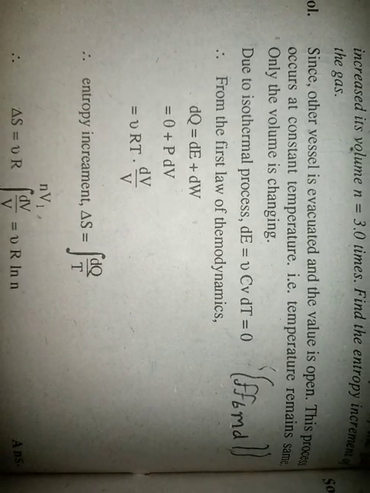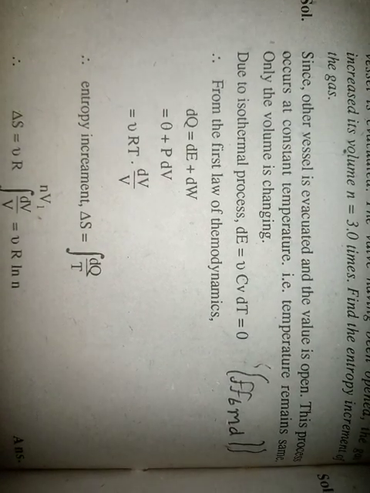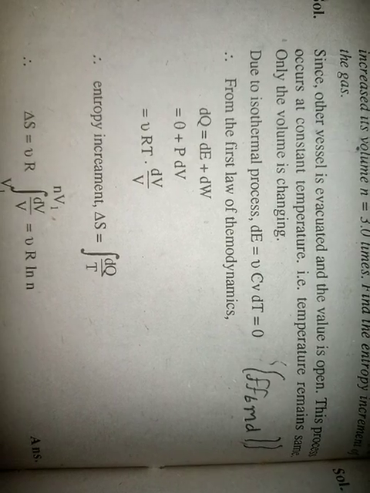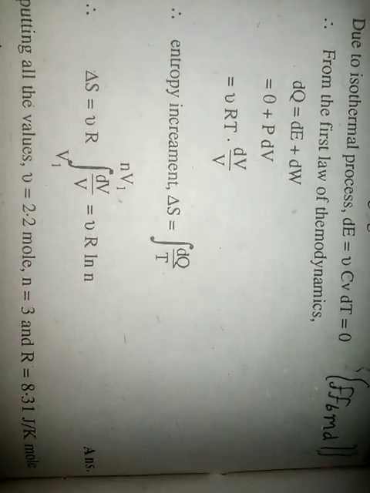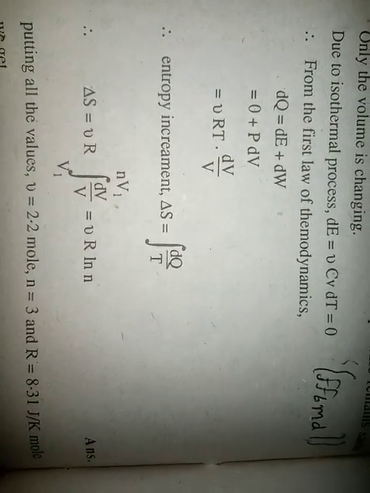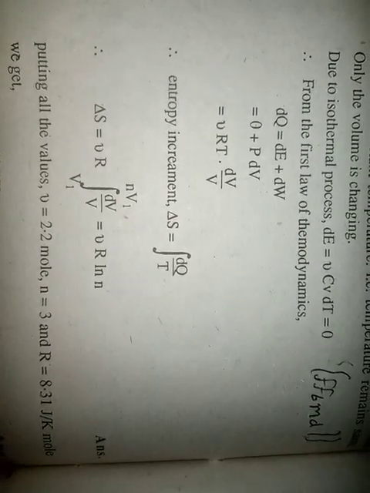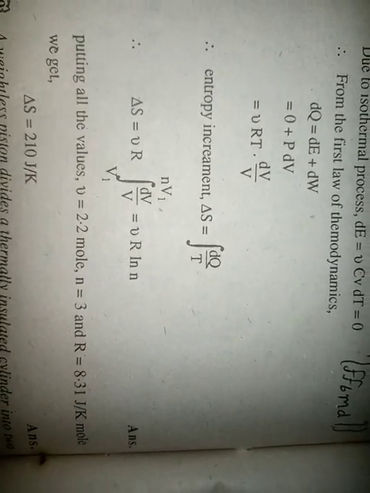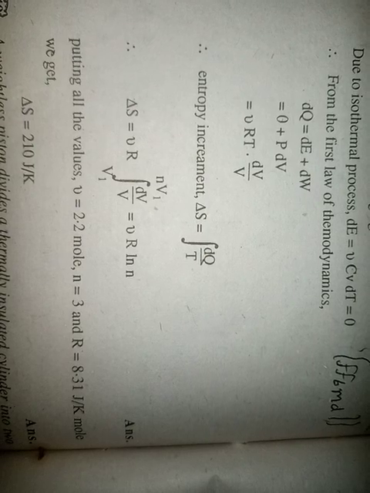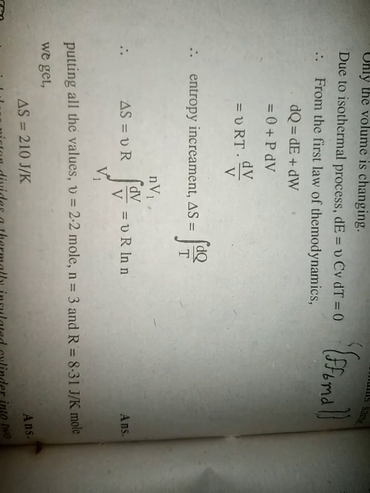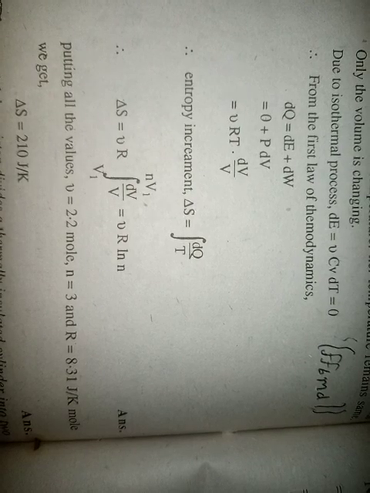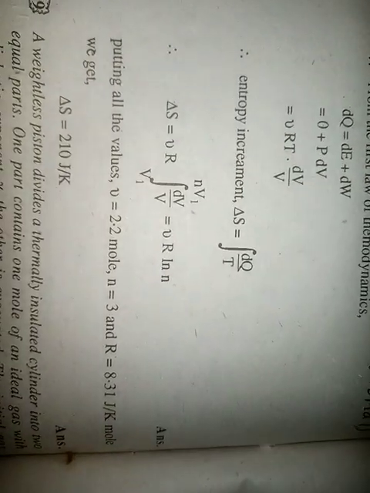Hence from the first law of thermodynamics, dQ equals dU plus dW, 0 plus p dV equals nu RT into dV by V. Hence entropy increment delta S equals integration dQ by T, equals nu into R into integration from V1 to nV1 of dV by V, equals nu R log n.